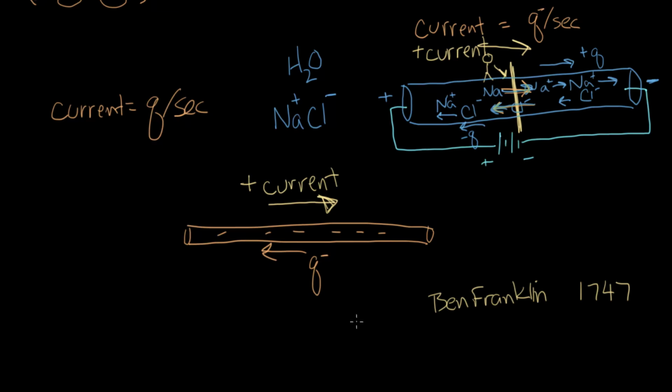And when he did that, nobody had any idea that there was such a thing as an electron. The electron was discovered by a physicist named J.J. Thomson in the year 1897. That was when the electron was discovered.